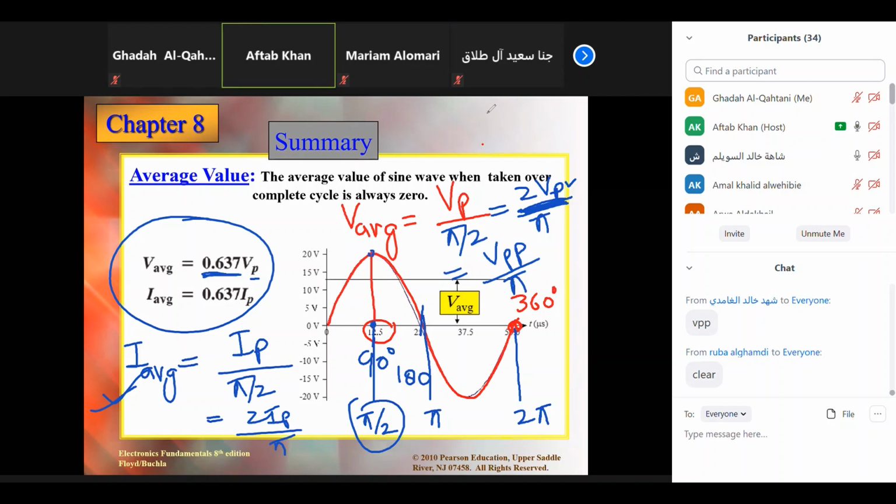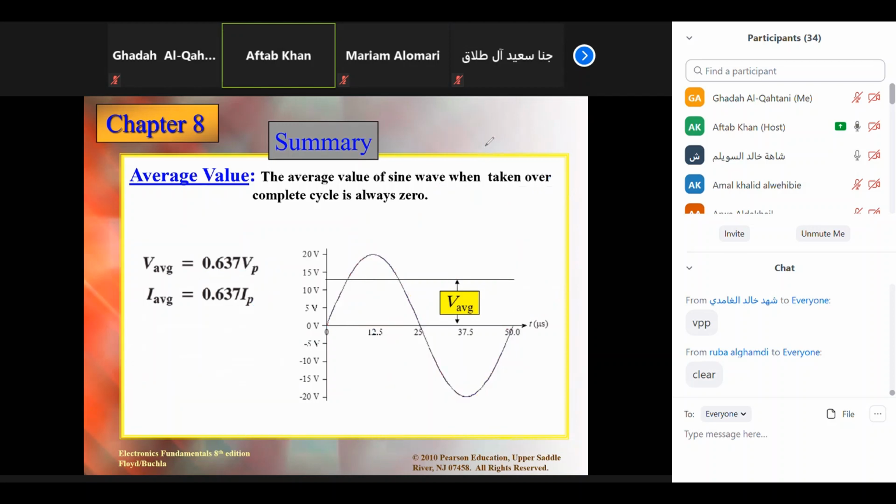Yes, okay. Let me remove all of what I wrote. Now you can write. Listen. It is equal to VPP over 2 root 2. How do we find 2 root 2? You know this is a square root, which is there in the calculator function.